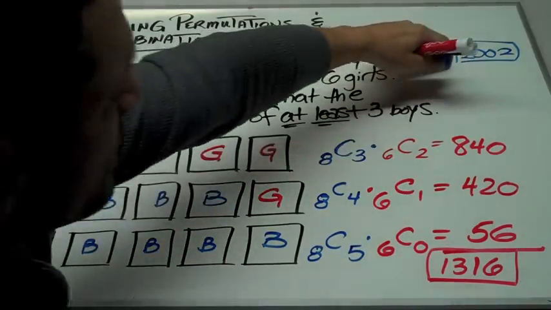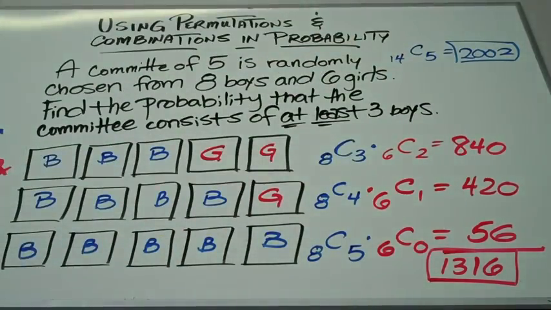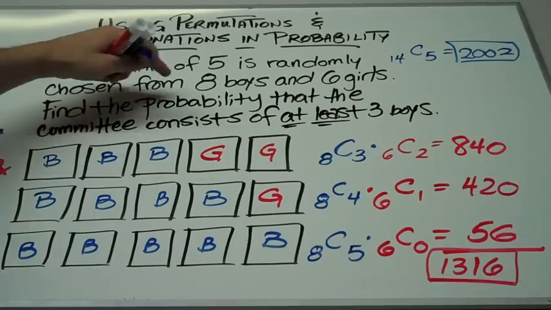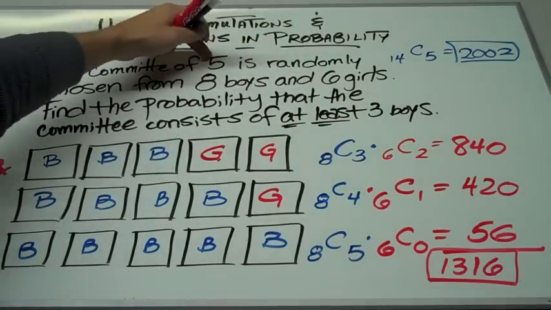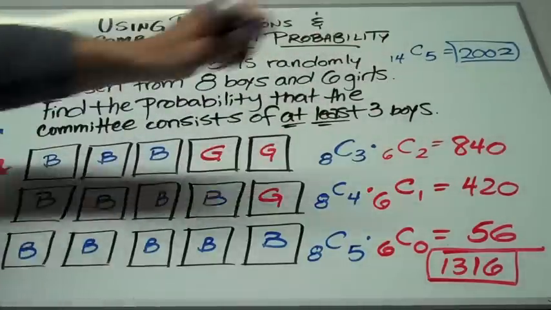Now, what does this 2,002 represent? 2,002 is any committee. It's 5 boys, 4 boys, 3 boys, 2 boys, 1 boy, 0 boys, which would also give us 5 girls. That's every possible committee: 2,002.